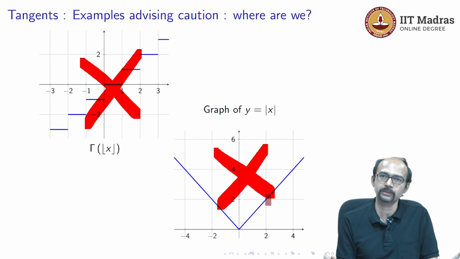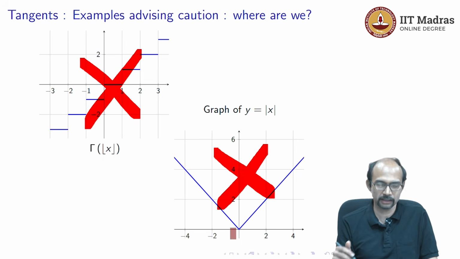Even for mod x, when the point is not 0, we will talk about tangents, and as we saw in our video about tangents, we did not have a problem. The problem was at 0. So, we will talk about tangents only for points where the function is differentiable, and that is something we will study also in the next video. Thank you.